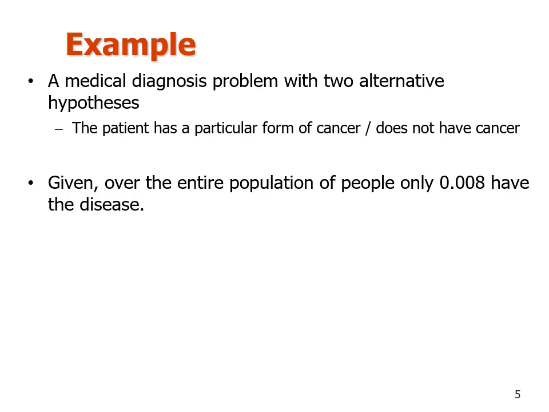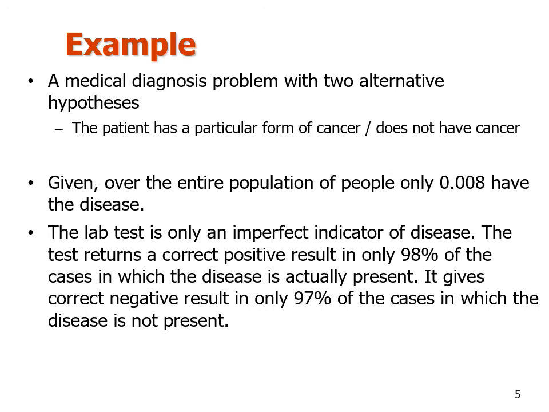There are some facts provided. Given that over the entire population of people, only 0.008 have the disease. Further, the lab test is only an imperfect indicator of disease. The test returns a correct positive result in only 98% of the cases in which the disease is actually present.